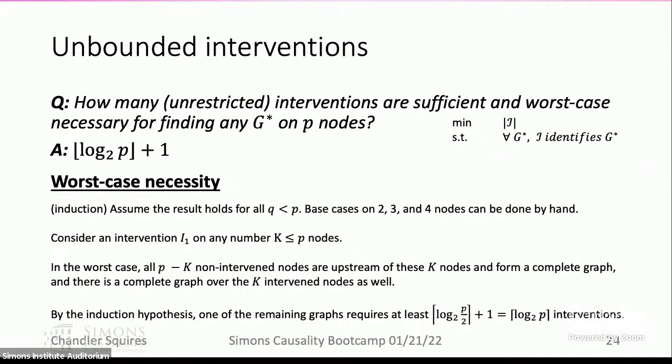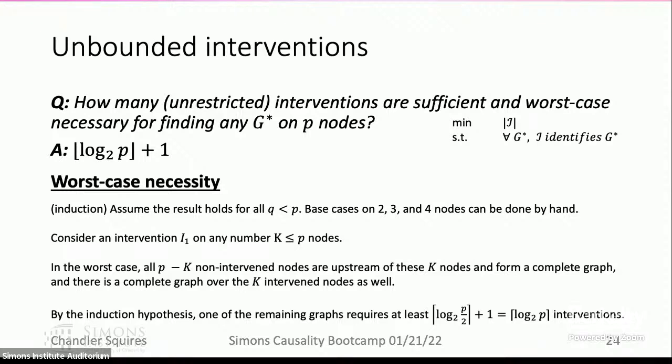So by our induction hypothesis, one of those remaining graphs has to be of size p/2 or larger, just because I can at best split it in half. So one of those graphs will require, that should be floor here. I think both of those should be floor.